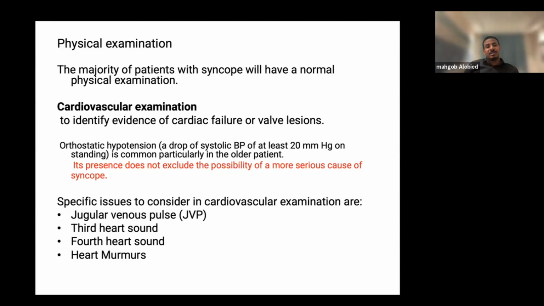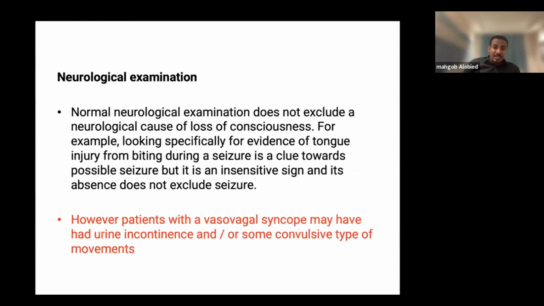So the signs you will see are signs of heart failure, like the heart sounds and murmurs and all the stuff. And in the neurological examination, you will investigate if it is a seizure episode or syncope, by examining the tongue and the whole limbs.